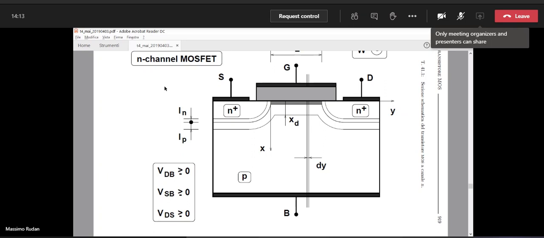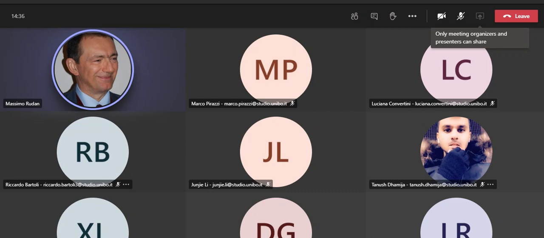Now we have to go a little bit deeper into this subject just to understand what type of approximations are involved. So now I go to another figure. I don't know whether it is visible, but I just share it directly.